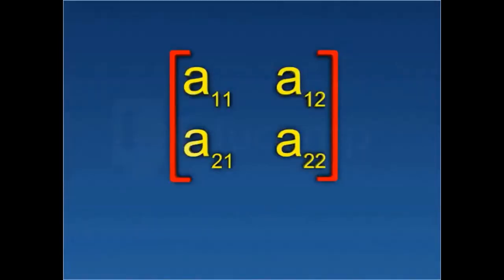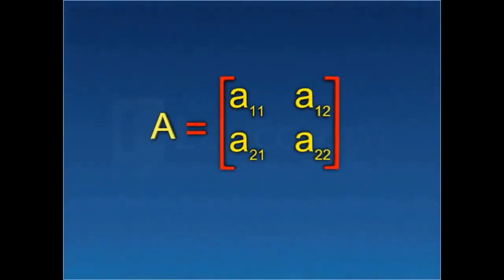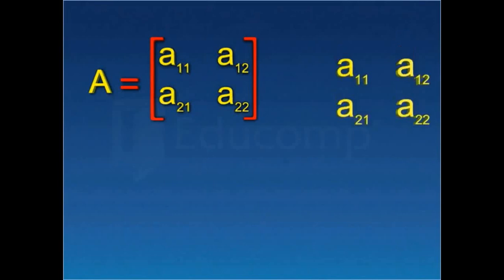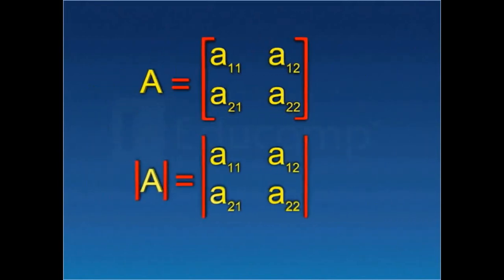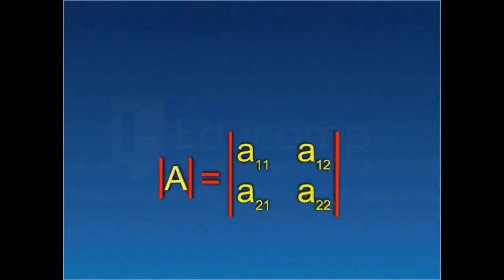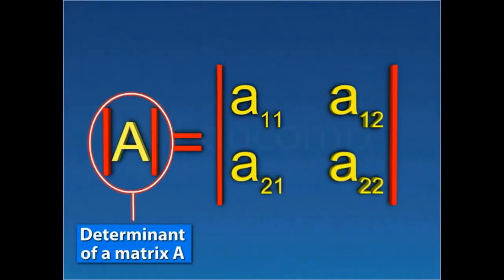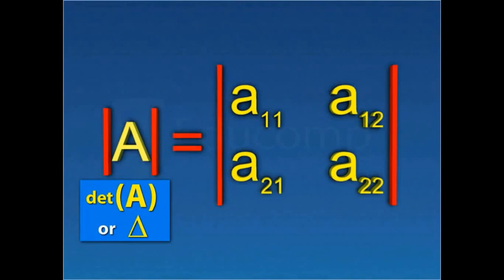Now, if we name this matrix A, then A between the two vertical bars represents the determinant of a matrix A. The determinant of A can also be denoted by det A or delta.